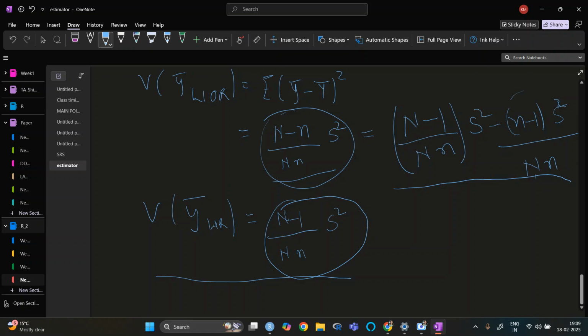Even if not, this value is greater than or equal to 0. Because it is minus, this whole value is less than 0. So this particular value is less than 0.